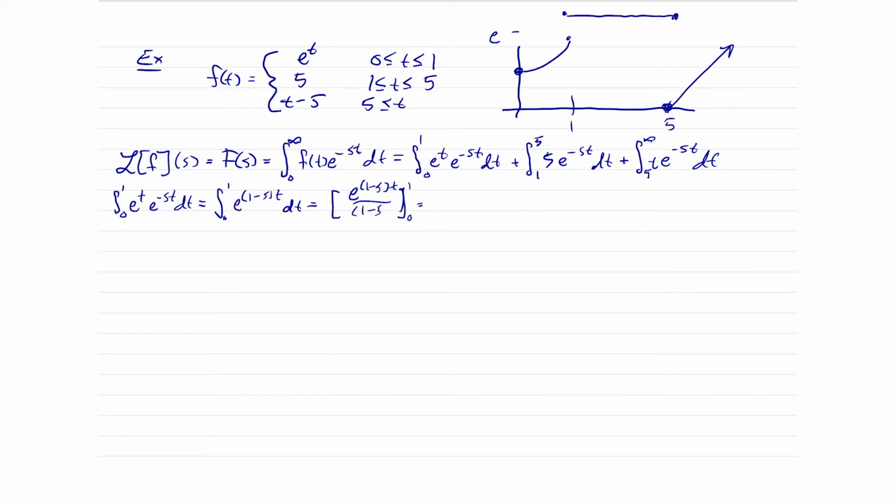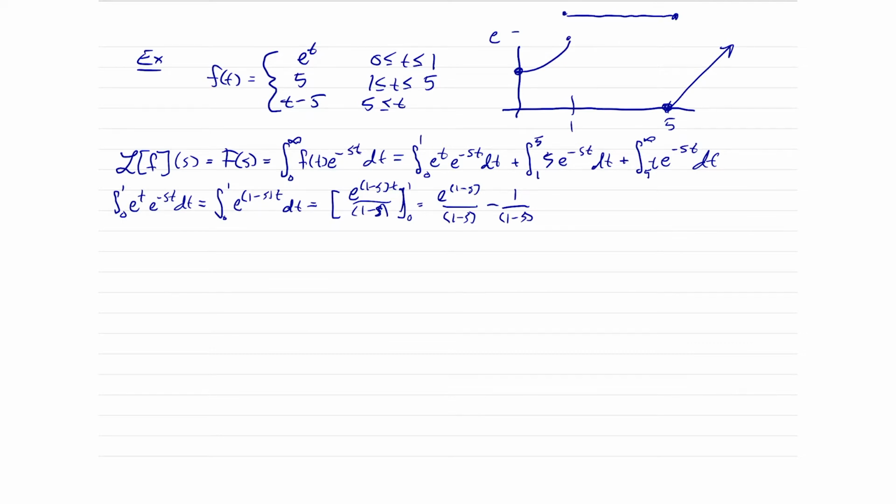At 1, when I plug in 1 for t, I get e to the 1 minus s, divided by 1 minus s. And then we subtract off what we get when we put in 0, which is 1 on the top over 1 minus s. Okay, so that's the first piece.